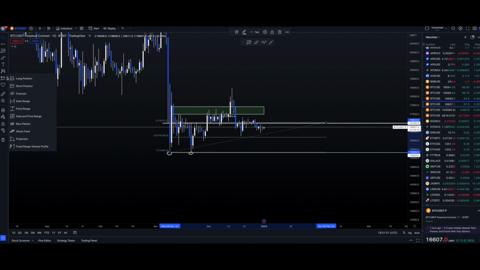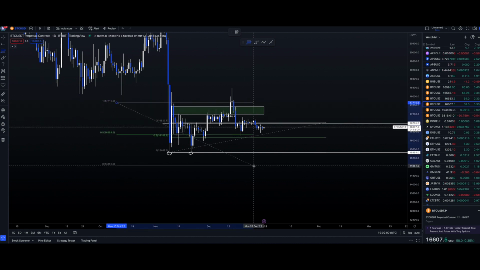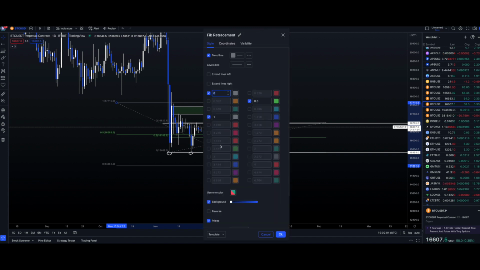If you go to your fib retracement tool, it's going to be your third one down right here. And then there's settings for that. Let me just do it real quick. So the settings pop up here. Just unmark everything besides the 0, the 1, and the 0.5, and that'll just give you your range. And the 0.5 will be the midpoint of that range. So that's an easy way to do it.